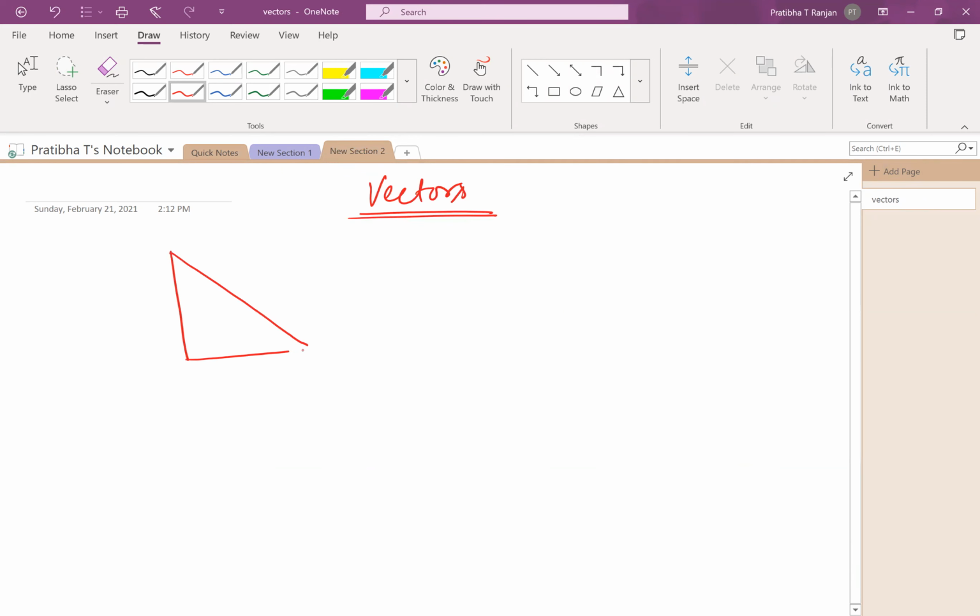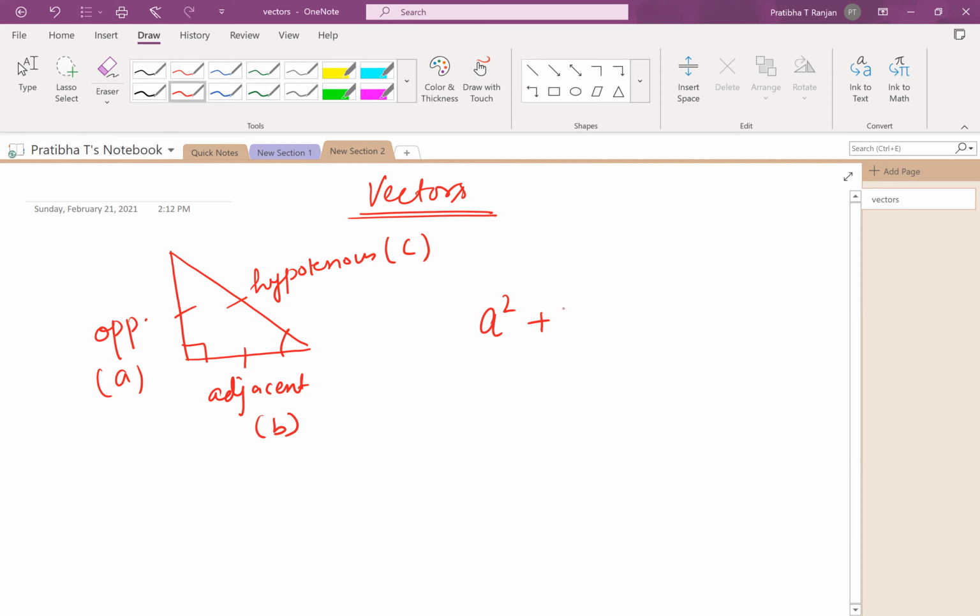So in a right angle triangle, when this is 90 degrees, this is called your hypotenuse. This is your adjacent to the angle, and this is your opposite, right? As per the Pythagoras theorem, we can say a square plus b square equals c square.